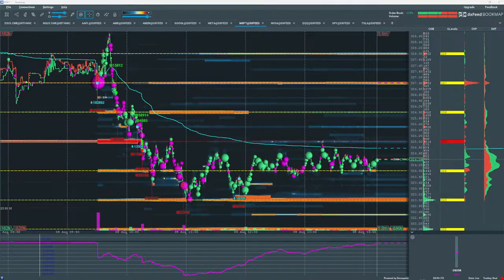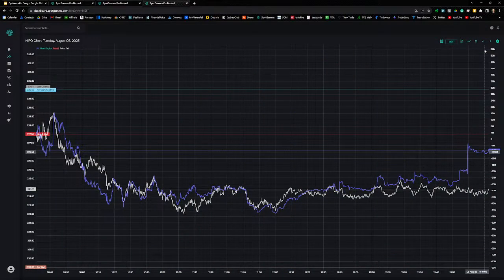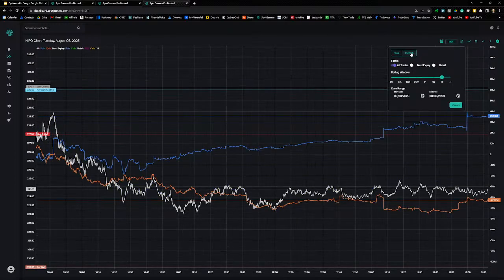Let's go back and take a look at Hero. So traders were selling calls. Let's just zoom in.